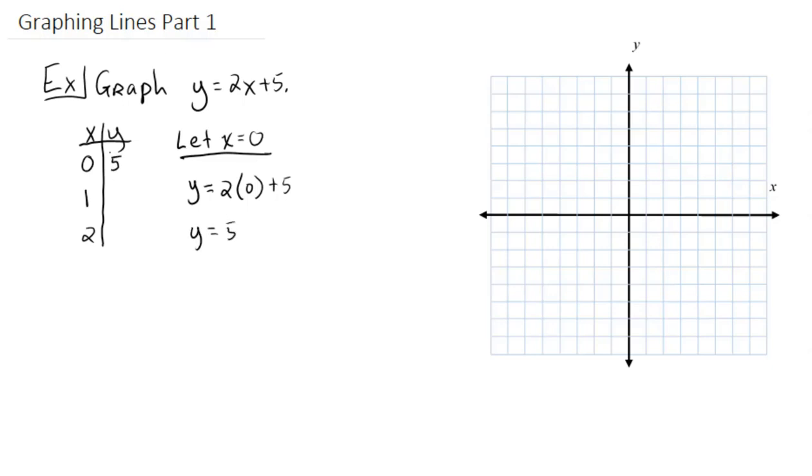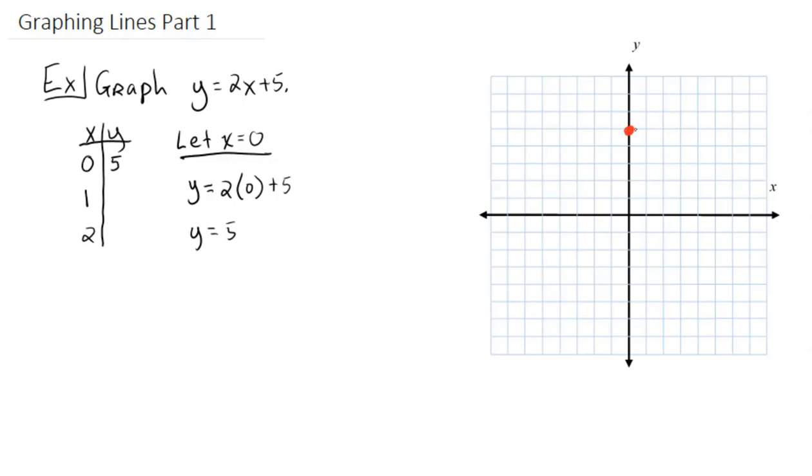So that gives me the ordered pair 0, 5, but in the table it's just a 0 in the x column and a 5 in the y column. And if I come over to the graph and plot that, I'm not going to go left or right any because x is 0, and I'll go up 5 on the y-axis, and I'll have that point right there.